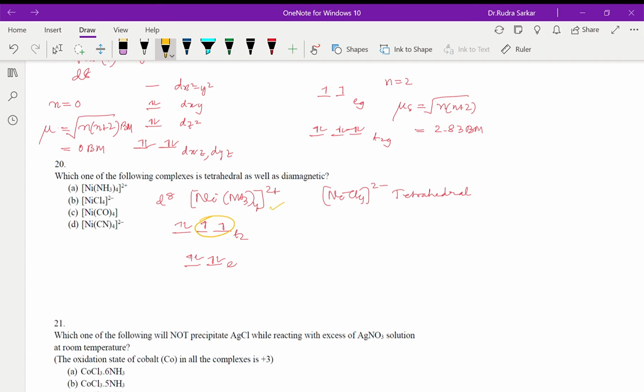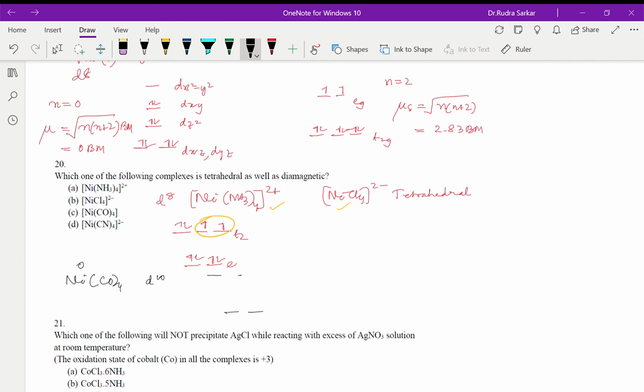Similar explanation for NiCl4. For Ni(CO)4, it is a zero oxidation state system, that means it is D10.